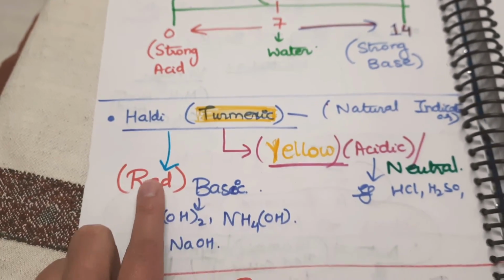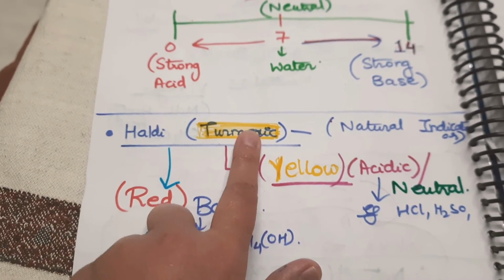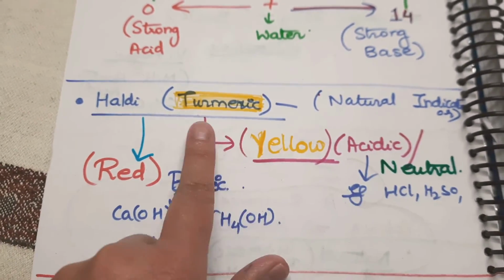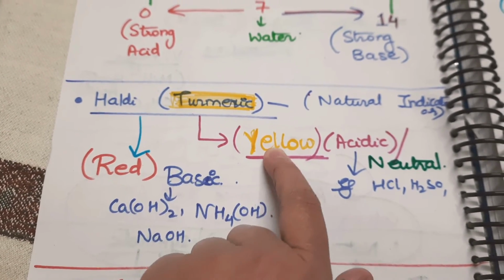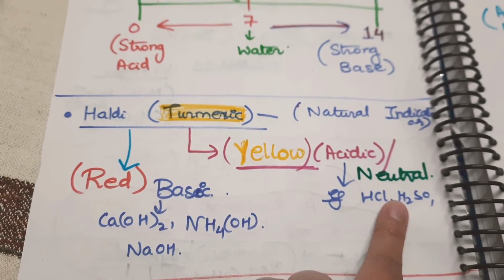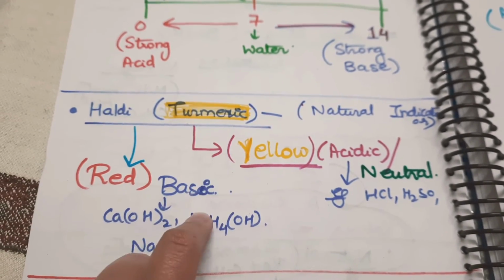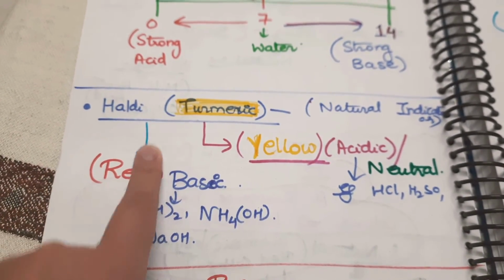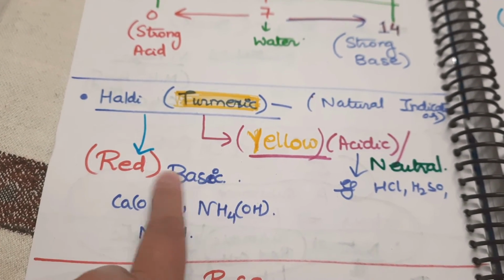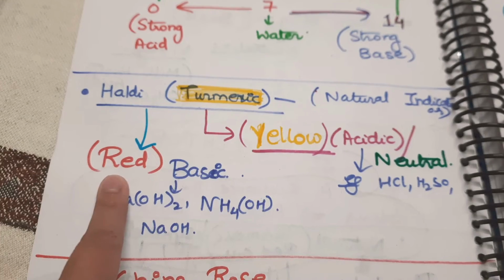Now coming to the next indicator, that is haldi or turmeric. It is yellow in color and a natural indicator. If the yellow color doesn't change, it is acidic or neutral. Acids like HCl or H2SO4 can be used. If we add a base, it will turn red in color.